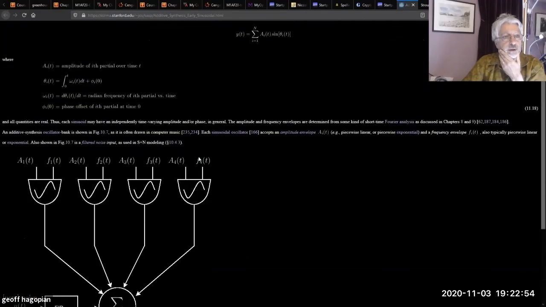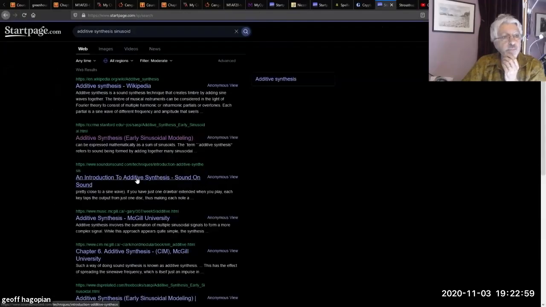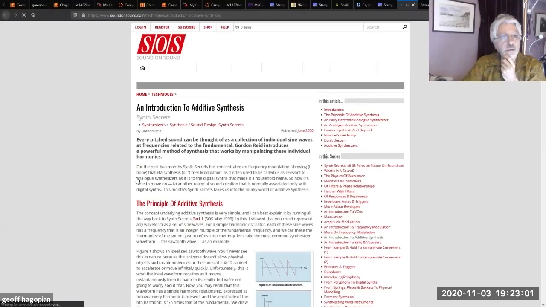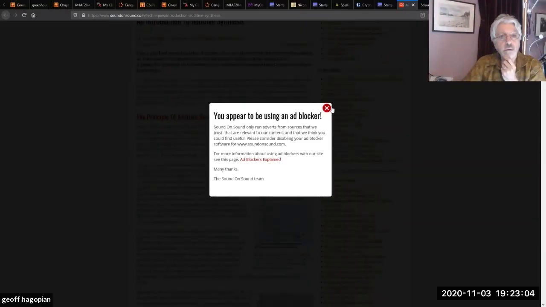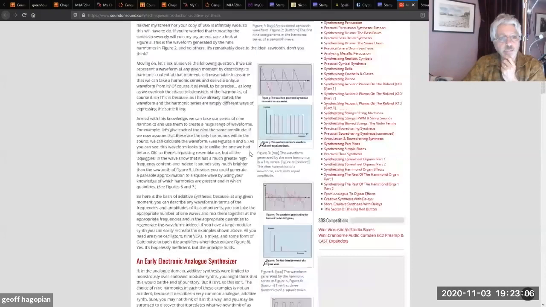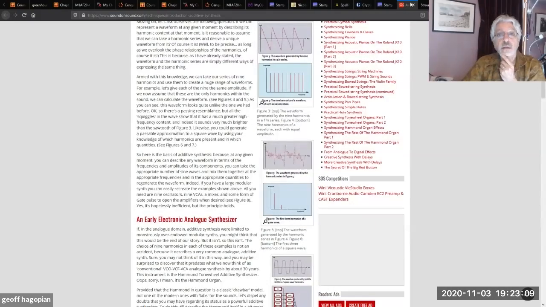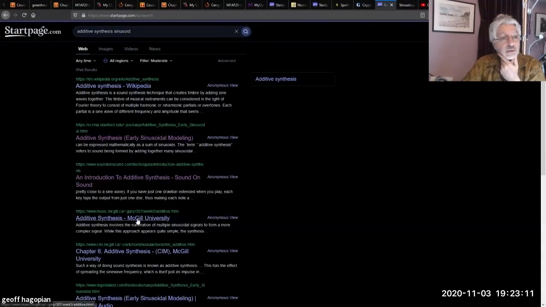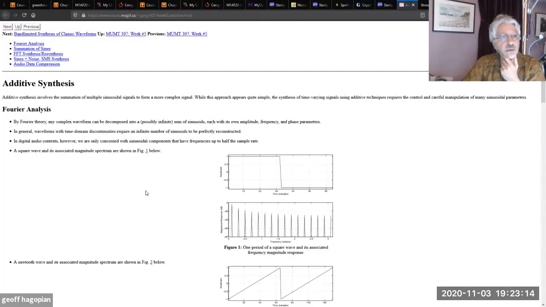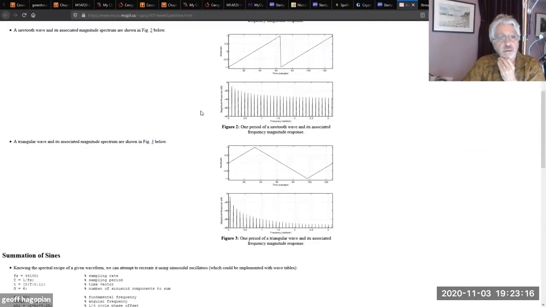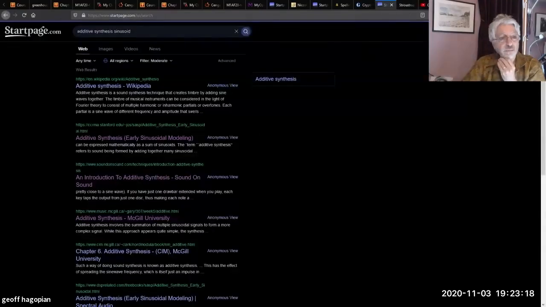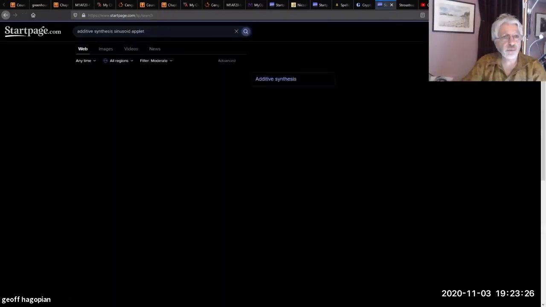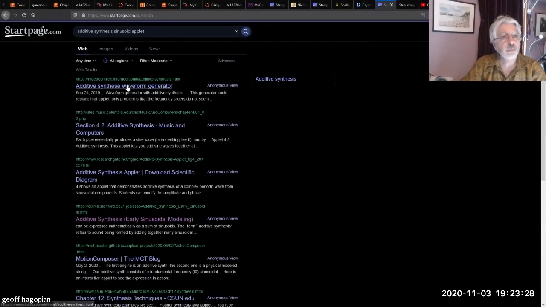Yeah, so this is like electronics. It's not exactly what I want. I'm using an ad blocker, you bet. Okay, so this is kind of getting McGill University. That's not what I want either. I want a little applet.